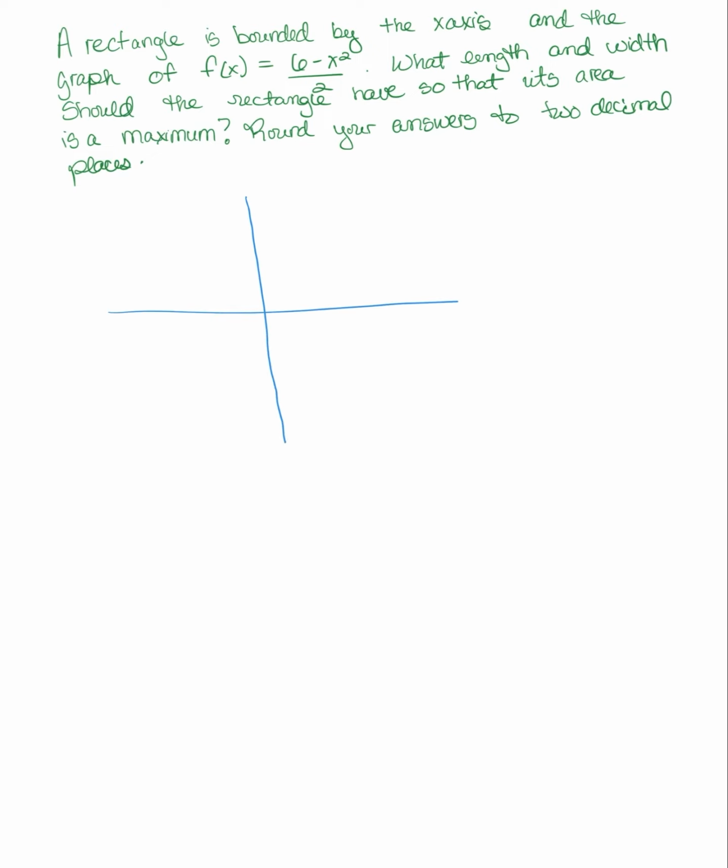All right. Now, in order for us to graph this, it says that our rectangle is bounded by the x-axis and this graph. So the graph of f of x equals 6 minus x squared divided by 2. So let's write that down.